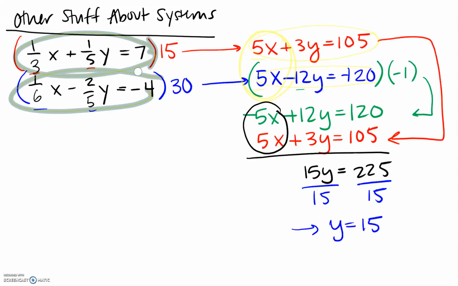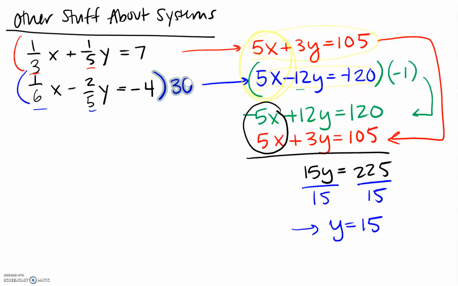Another thing we could have done to handle this in the first place would have been to just go ahead and leave the fractions and embrace them. And that's not so bad with the y's here, because we can see the y's, we have a positive 1/5 and a negative 2/5. Those things are pretty dang close.